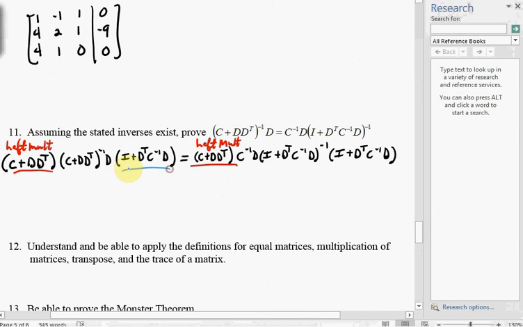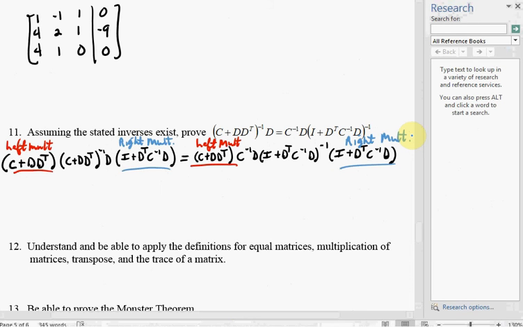This term right here is right multiplication. Okay. Do you see that now?